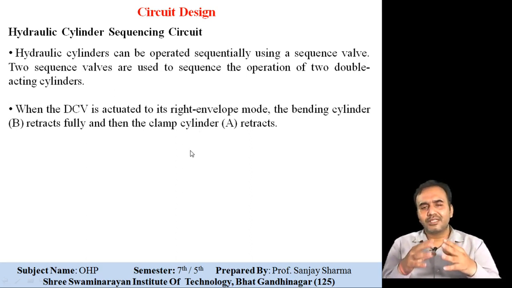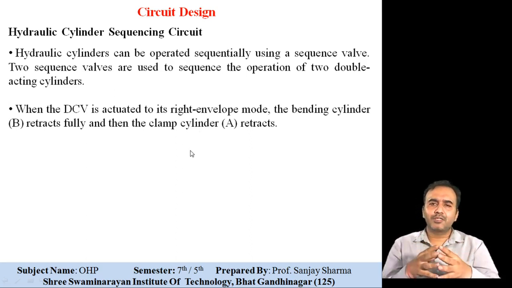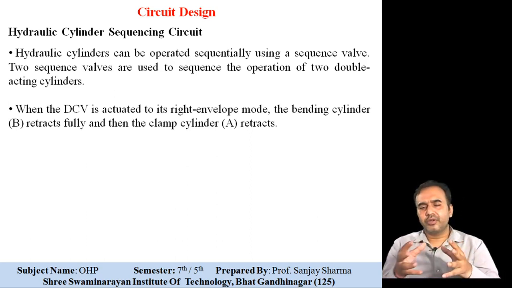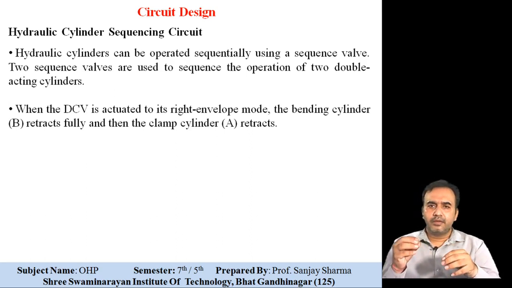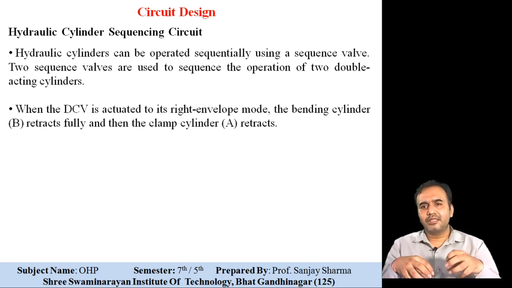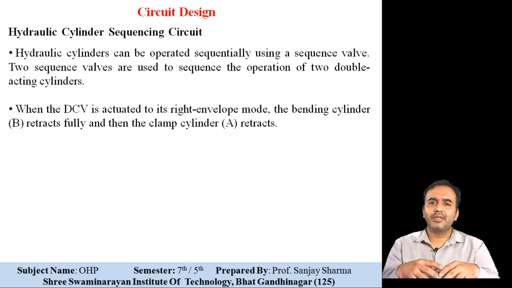So friends, this description is what I have explained to you: during sequence 1, first cylinder A will clamp and cylinder B will drill or bend, and in sequence 2 the drilling machine will be removed, retract, and cylinder A will retract or declamp the device.